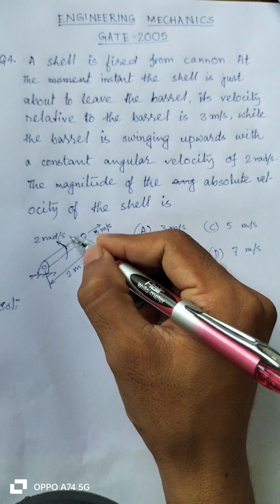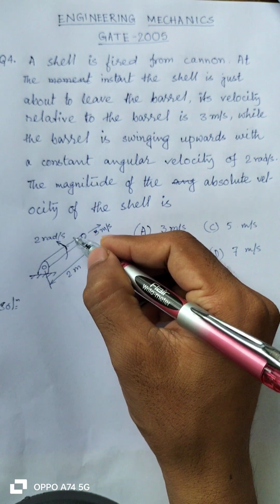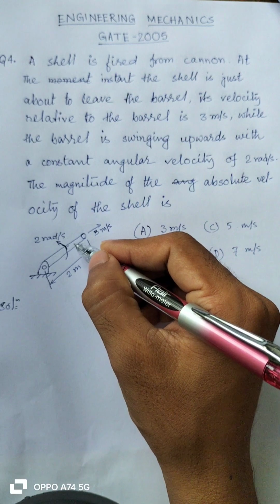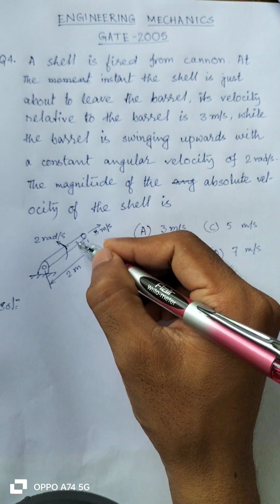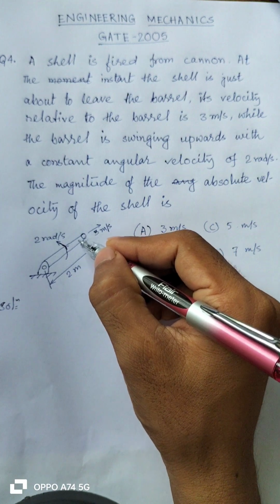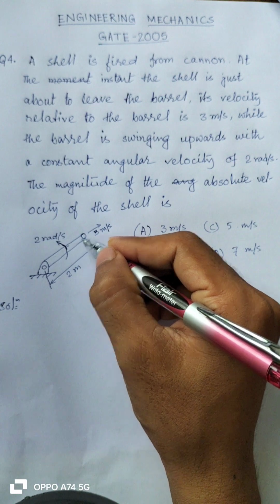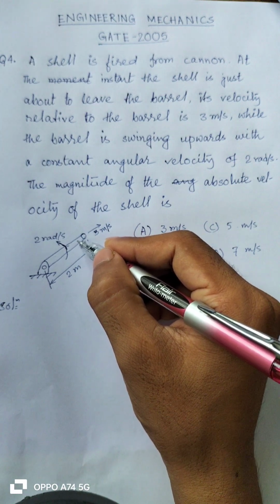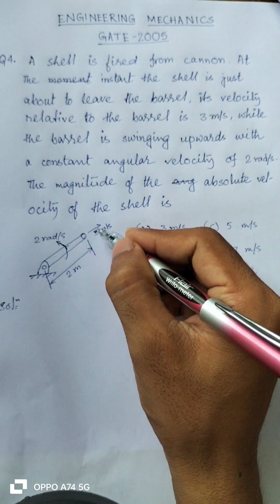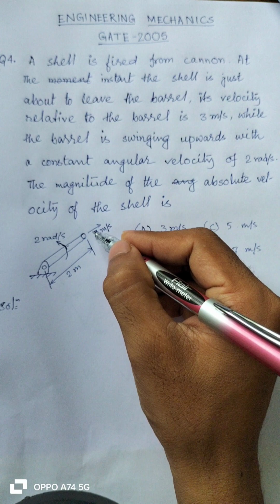So it will have a rotary motion, and due to this rotary motion, it will experience a radially outward force, which is known as centrifugal force. Due to this centrifugal force, it will gain a radially outward motion. So it will have two types of motion.